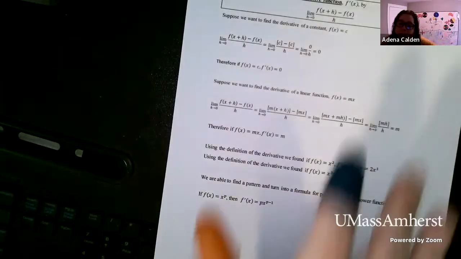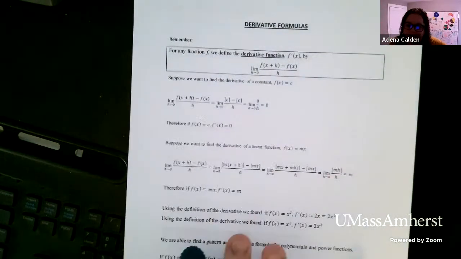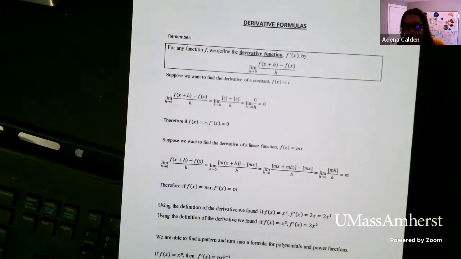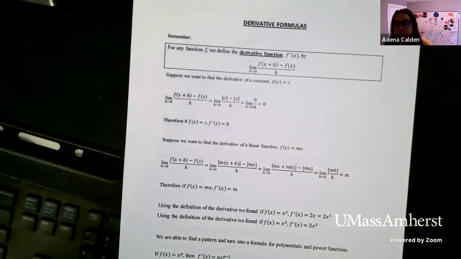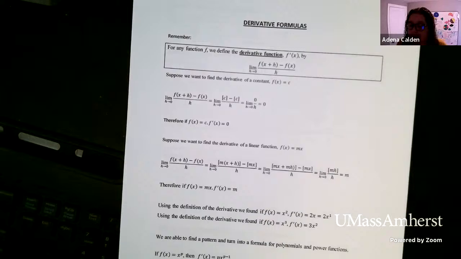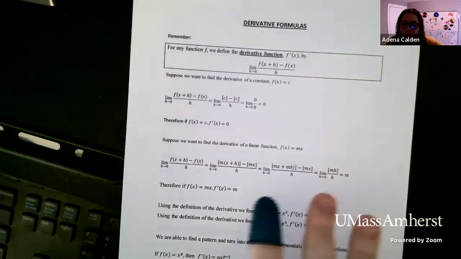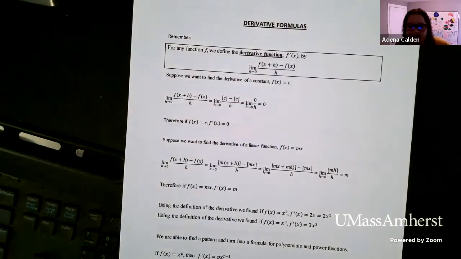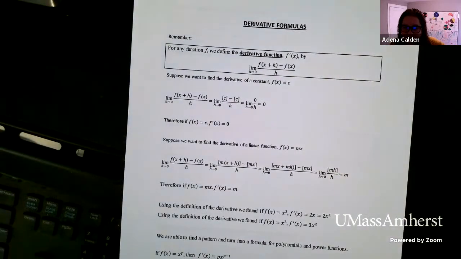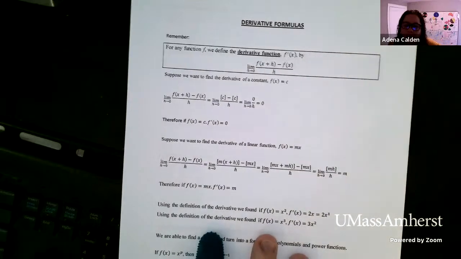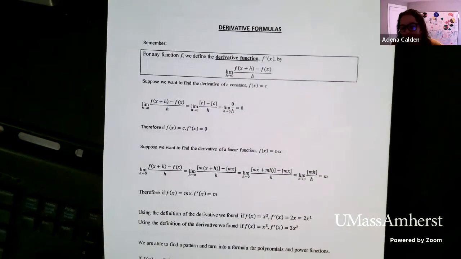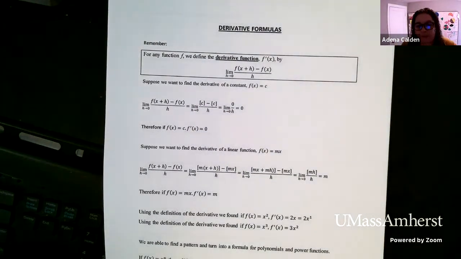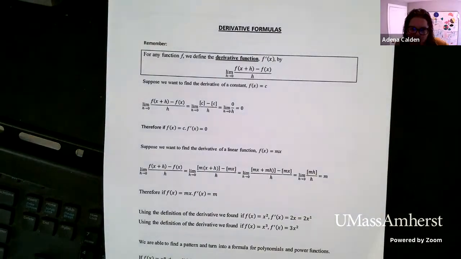As we start thinking about this, we are going to be coming up with some algebraic formulas to help us understand derivative patterns. The underlying thing that produces these formulas for us comes from the definition of derivative. We're not going to do a whole lot of work with the definition, but it is important to know that it's the definition that allows us to generate our formulas.